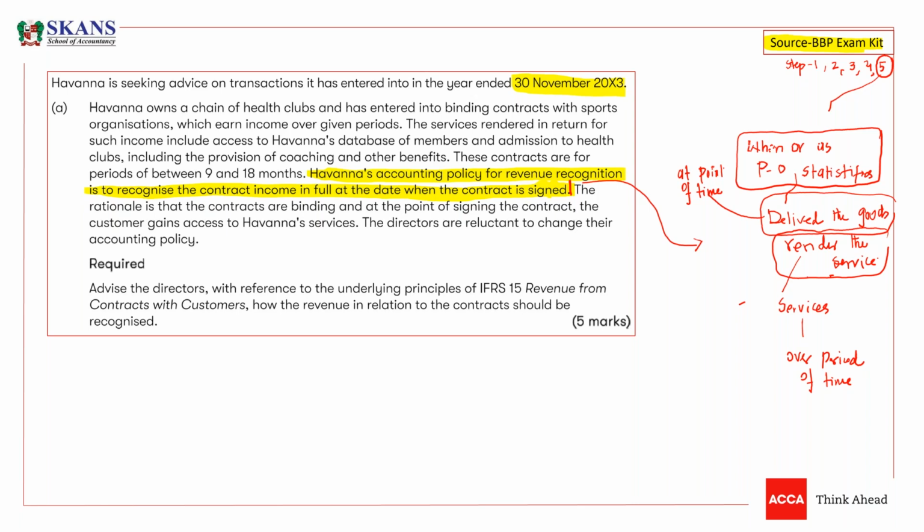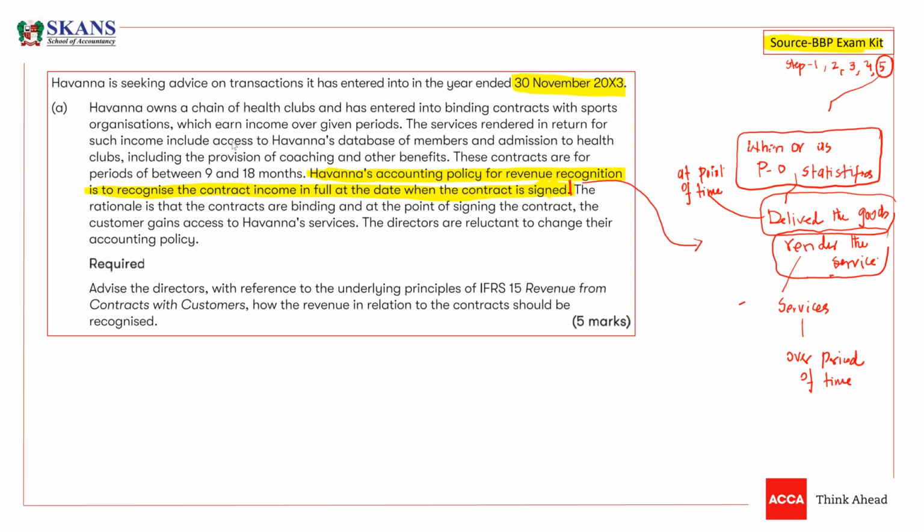So guys, do let me know whether they can book a revenue or not. Obviously not, because they didn't deliver any goods, they didn't render any services. Okay, now what is next? The rationale is that the contracts are binding, and at the point of signing the contract, the customer gains access to aged services.